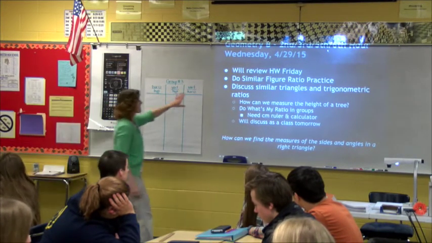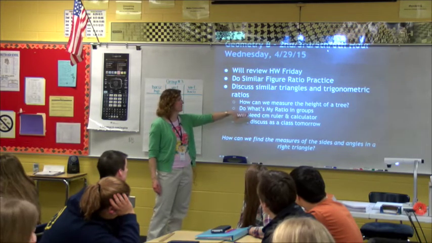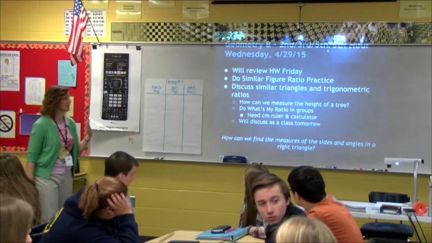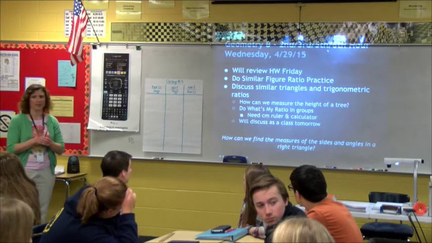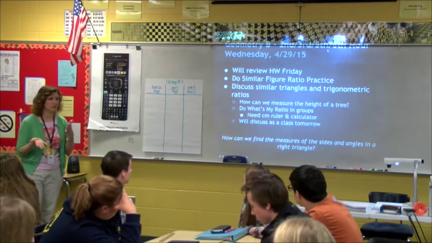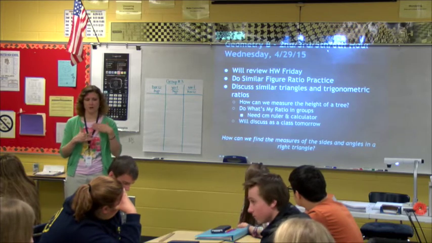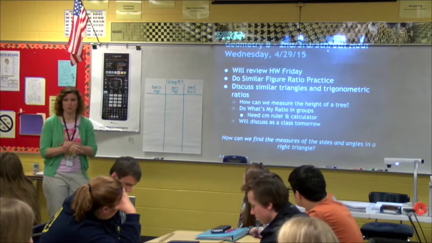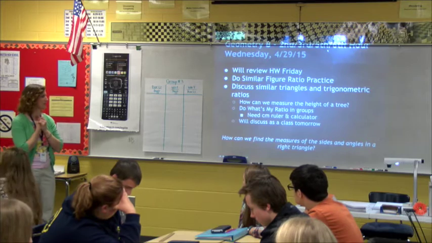But then once we talk about those ratios, we're going to talk in groups about the ratios that you find when you do similar triangles and what we can figure out from those ratios and if we see any patterns. And like I mentioned, it leads into trigonometric ratios, so we're leading into something that's extremely helpful for this year and in pre-calculus and actually helps you to solve some real-world problems that you might do on your own someday. So we'll talk about that.